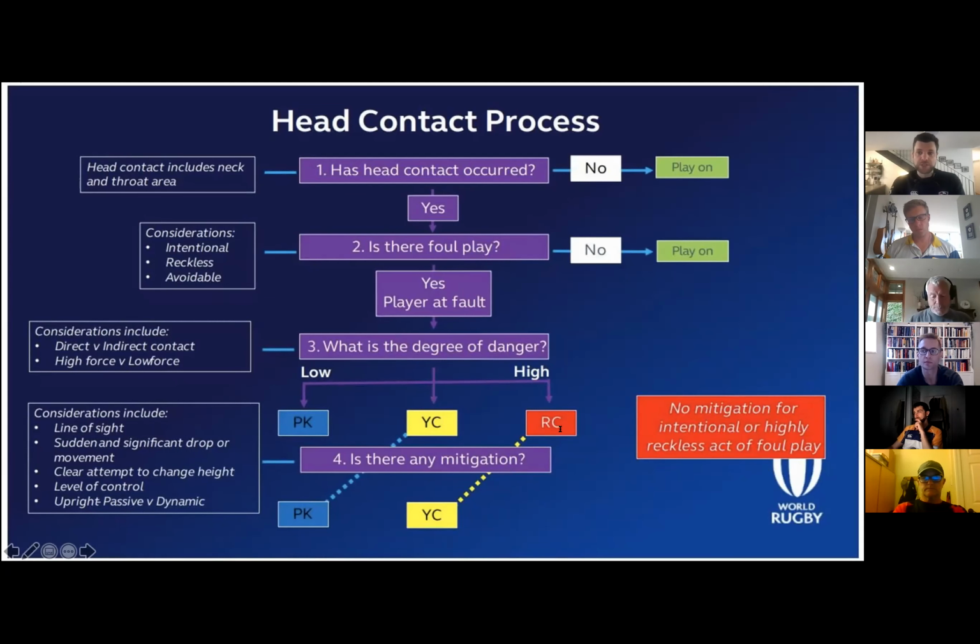And that's perfectly reasonable, because when you're dealing with issues of intentionality, we come back to the fundamental point about player safety, which is that you can't have players playing the game whose intention is to injure or harm other players. That's a line that we can't cross when it comes to safety. So those players, if we think that's what's happened, shouldn't be on the field, right? So I think that's the way that I would approach that. I don't know, do you agree?